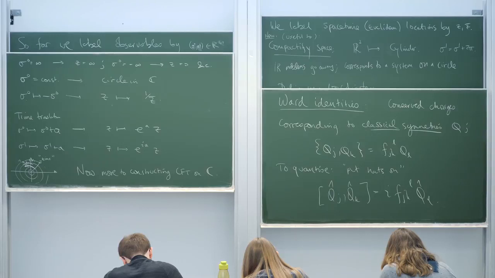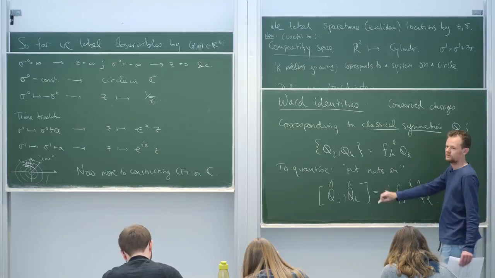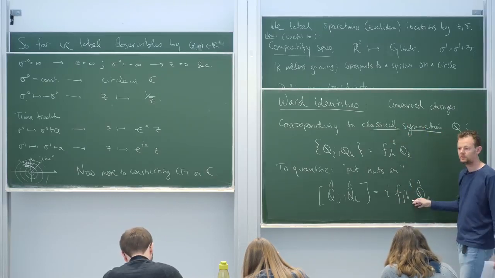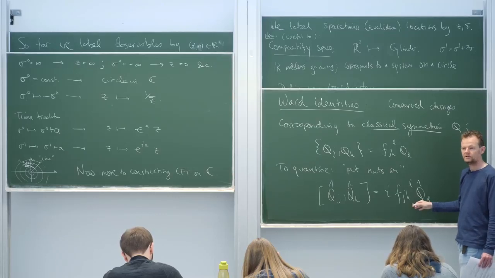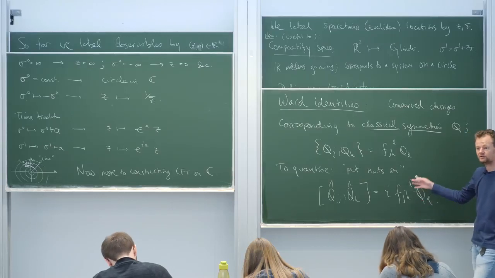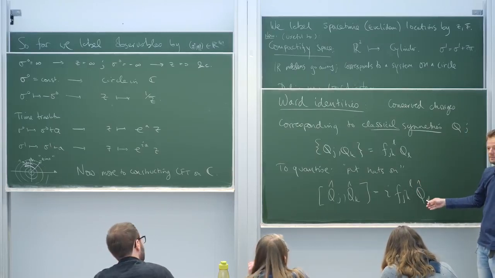But now you've got two problems. So it looks like this is a solution to the quantization problem. You have some classical theory, you just put the hats on, and now you have a quantum theory, and that's fine. But this is an abstract written down thing here. There's no Hilbert space here, and there's certainly no interpretation of these operators in terms of a field.